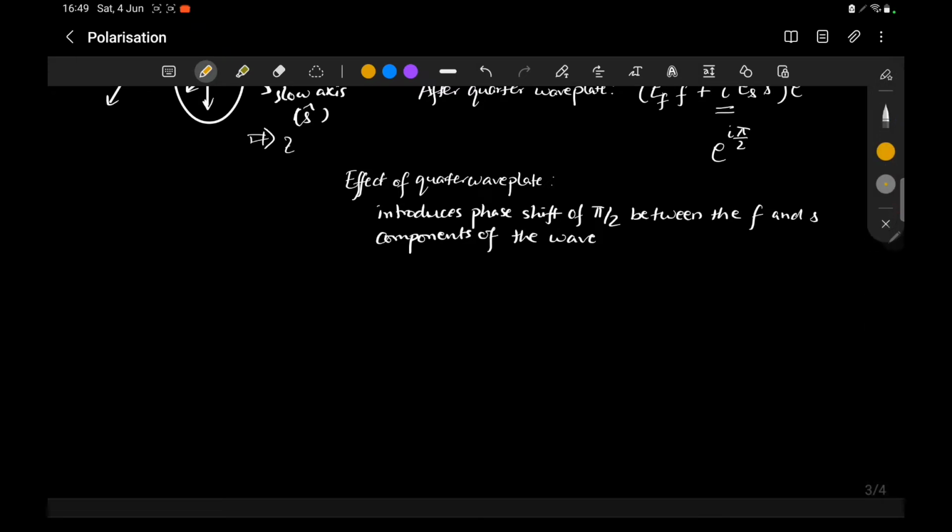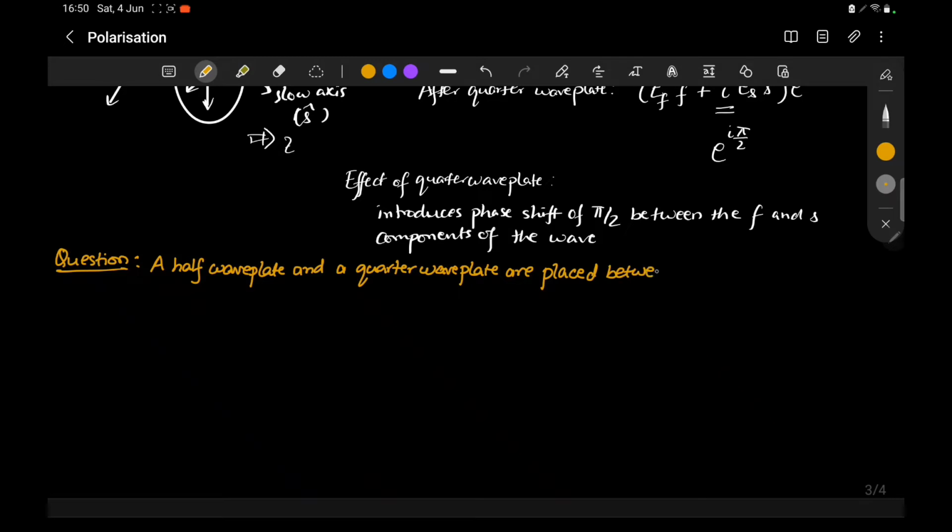So let us write down the question. The question says, a half wave plate and a quarter wave plate are placed between two polarizers P1 and P2.